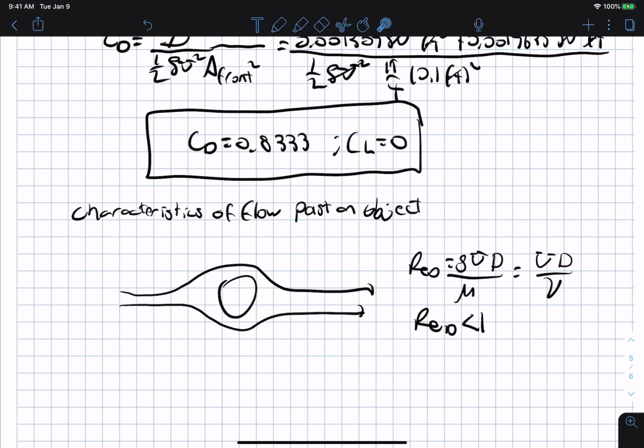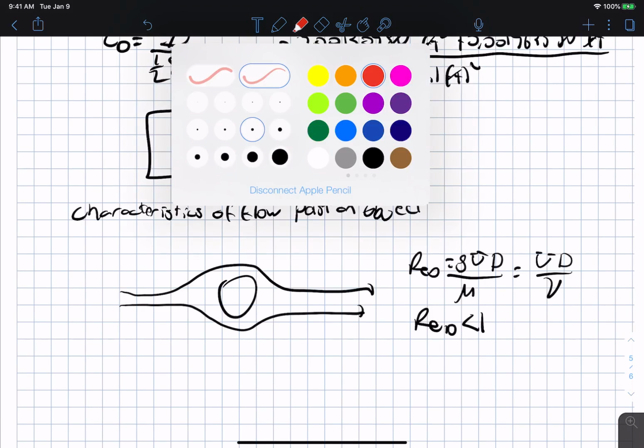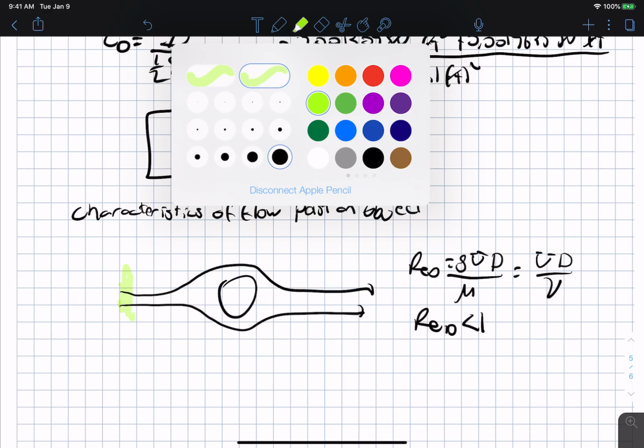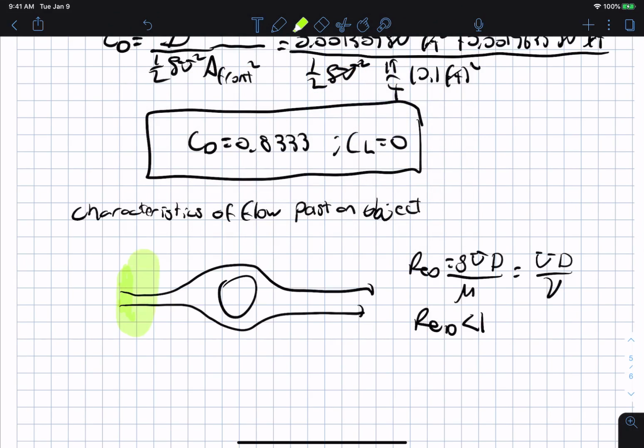For this case, the Reynolds number based on diameter is less than 1, and I'm going to highlight the region that is affected by viscosity with a thicker line, and that is basically everywhere.